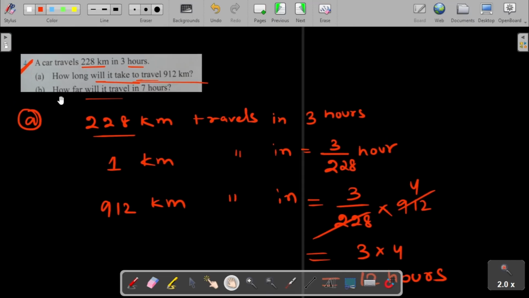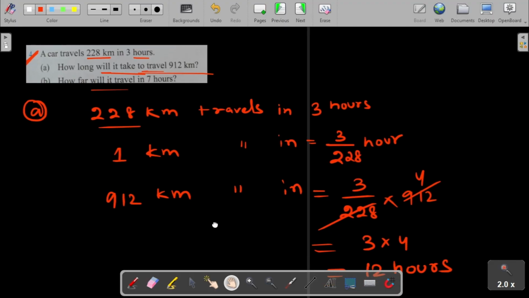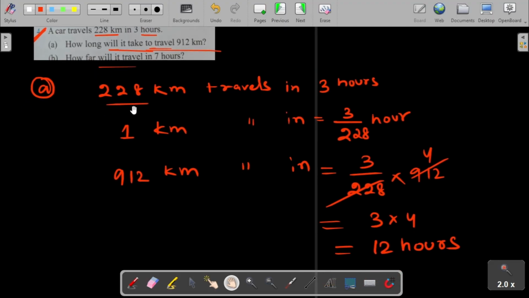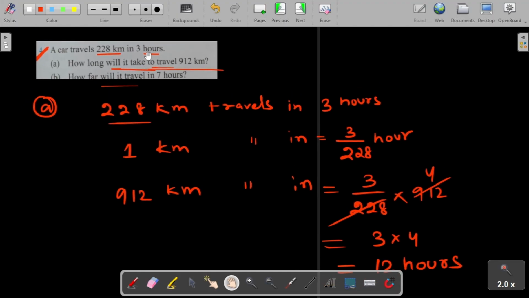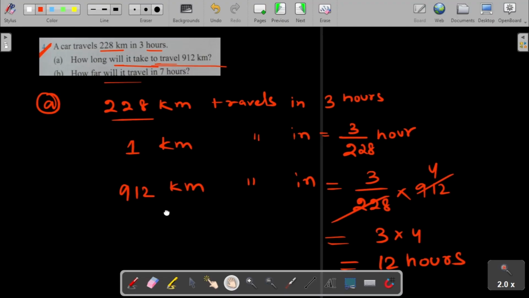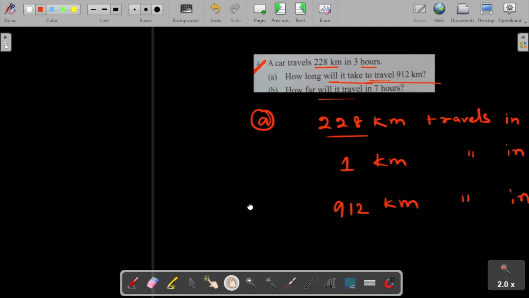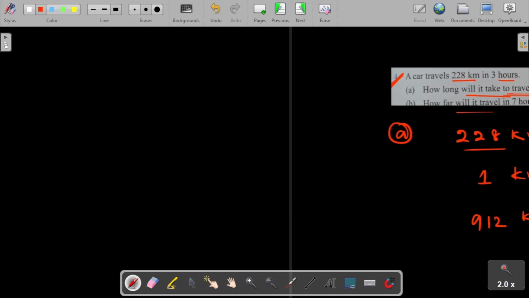And next, what is the answer of the B part? How far will it travel in 7 hours? Okay. So if 228 kilometers in 3 hours, then we have to find for 7 hours. In the same way we can solve this one also.